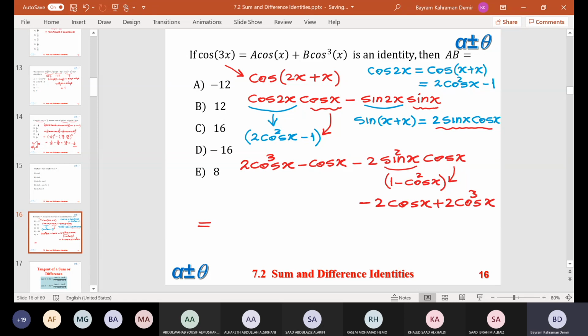Now let's see how many cosine cube we have. We have 4 cosine cube, Shabab, and minus 3 cosine x.